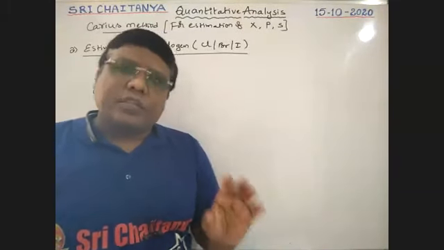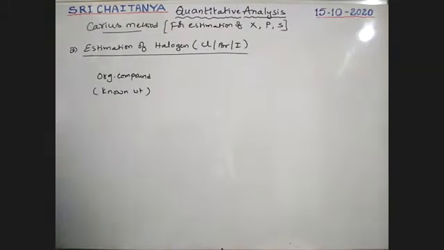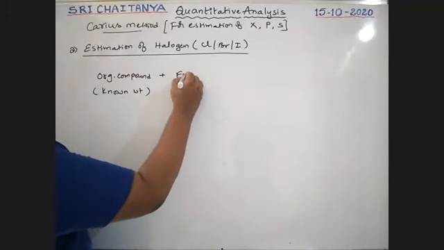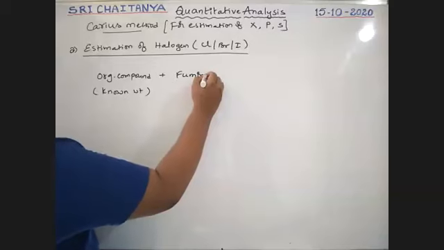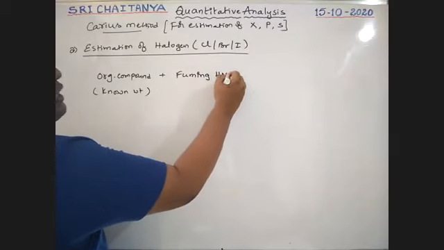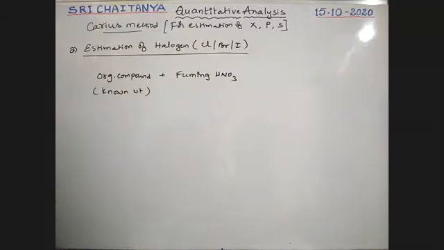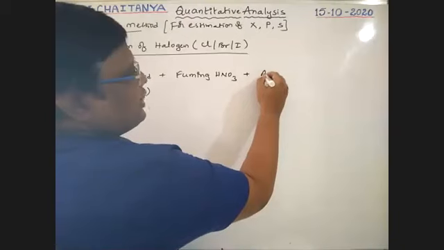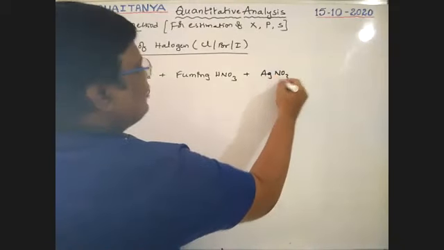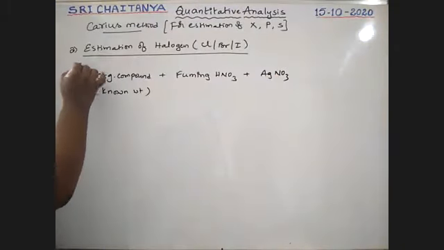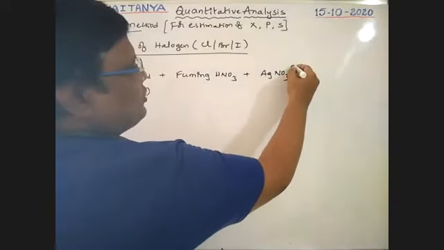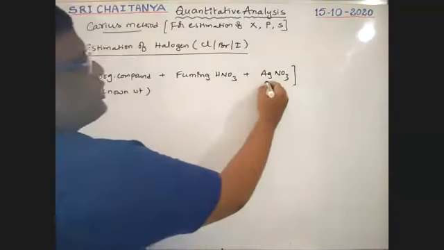That known weight is required. The known weight of organic compound is first treated with fuming HNO3, fuming nitric acid, plus AgNO3, silver nitrate. So boys, this is the silver nitrate test. The entire mixture is AgNO3 solution.